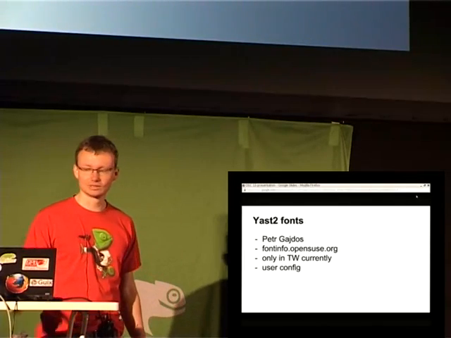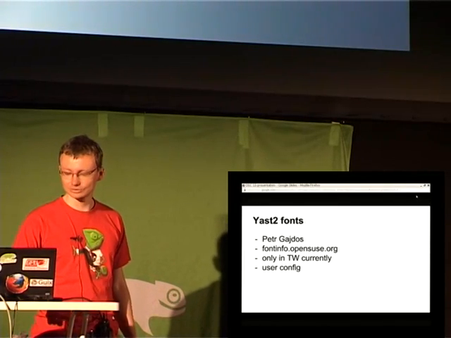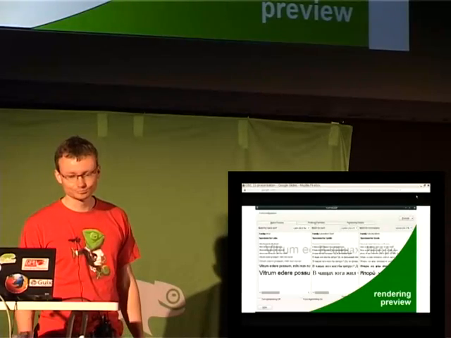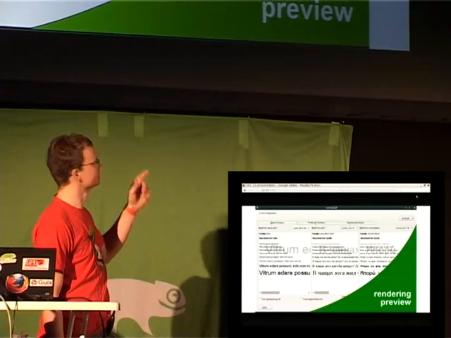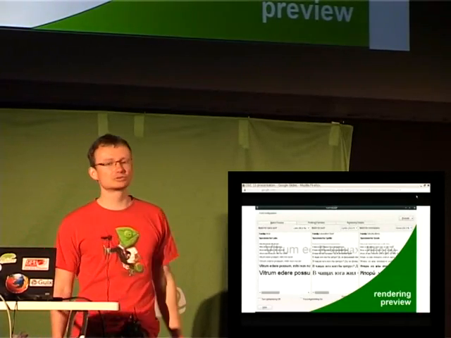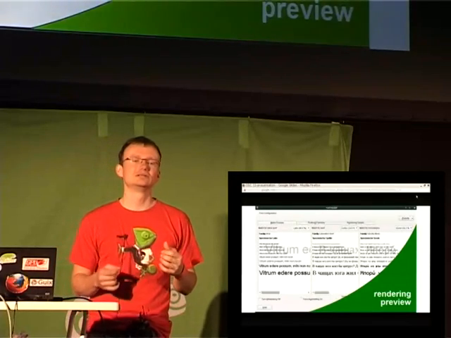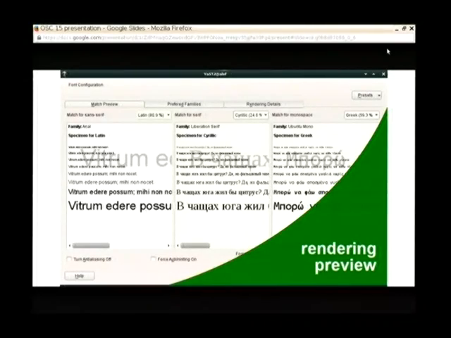So if you have more users on a computer, everyone can have slightly different fonts. Yeah, so I can show some screenshots of how it looks. The first one is the rendering preview, so you have some windows, and in these windows you see how fonts look. In general, you have some font families, and you can specify how exactly this font family looks.